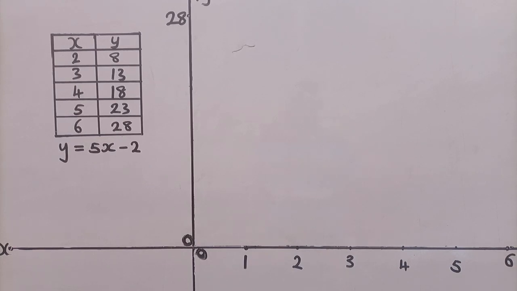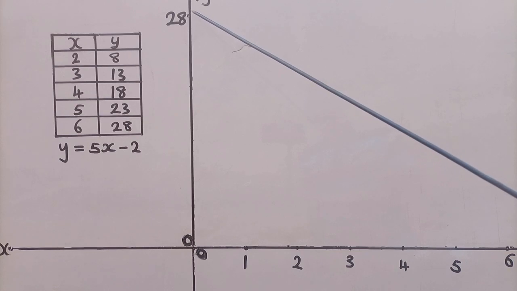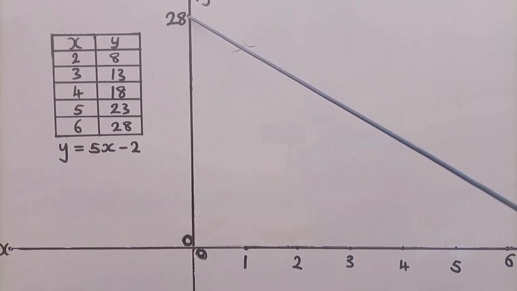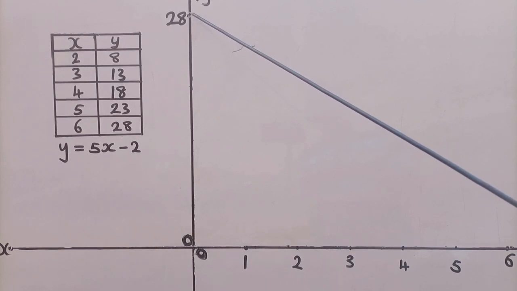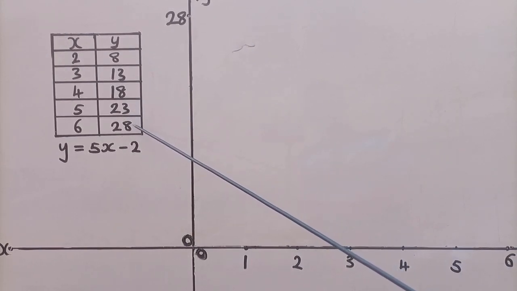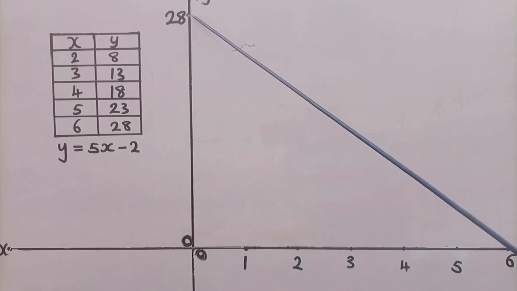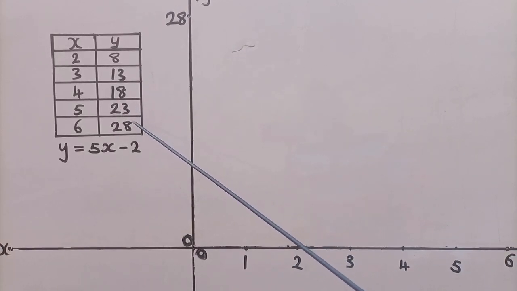Let's do the same thing in the case of the y-axis. In the case of the y-axis, this point is marked as 28, corresponding to the highest value of y. Don't forget that it is never compulsory that what is written here is the highest point.